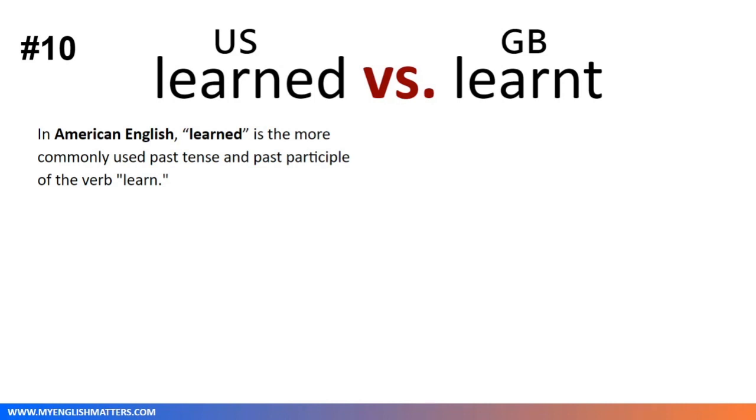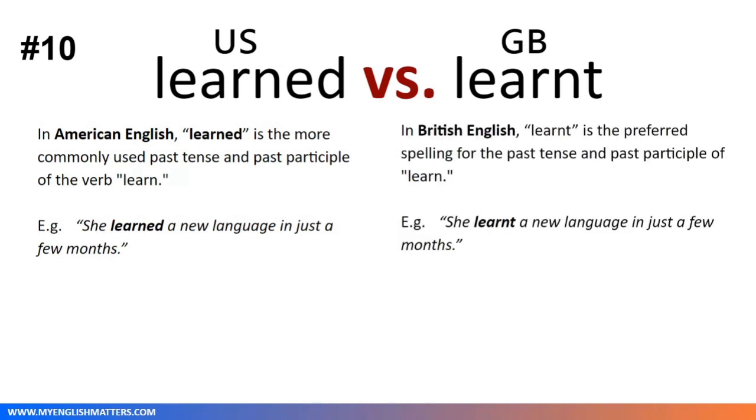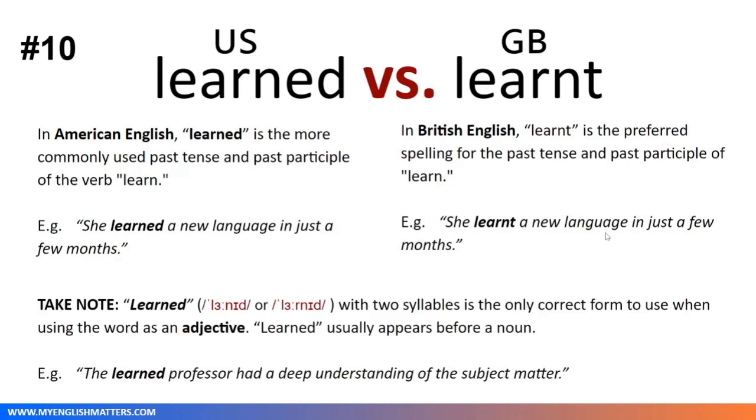It is used as a past tense and a past participle of the verb learn. So she learned a new language in just a few months. In British English, learnt is the preferred spelling for the past tense and past participle of learn. She learnt a new language in just a few months. She learnt with a T there, with a T.